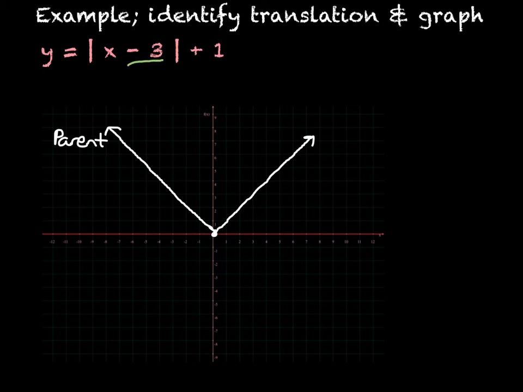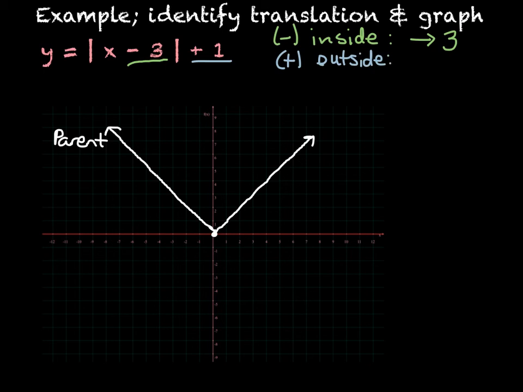Okay, so the minus 3 is inside, so we have a minus on the inside, which is going to tell us it goes right 3 units. And then we have the plus 1 on the outside. So that's going to tell me it goes up 1.